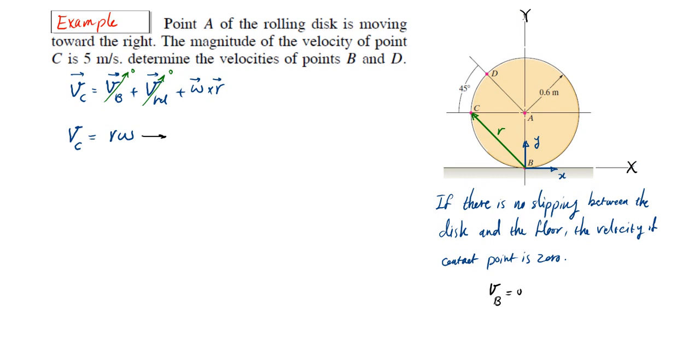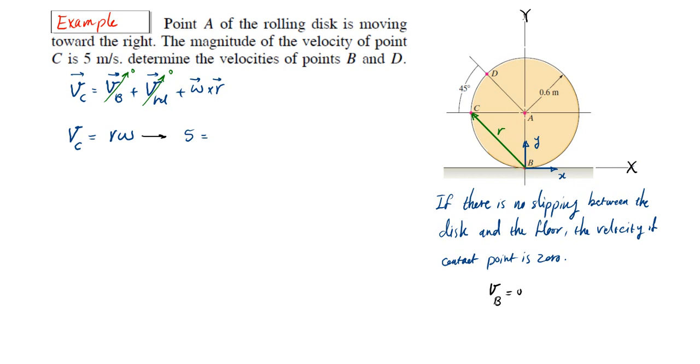From there, I know the magnitude of VC is 5. The R, well, R is this length. Looking at this right triangle, R is the square root of 0.6 squared plus 0.6 squared.